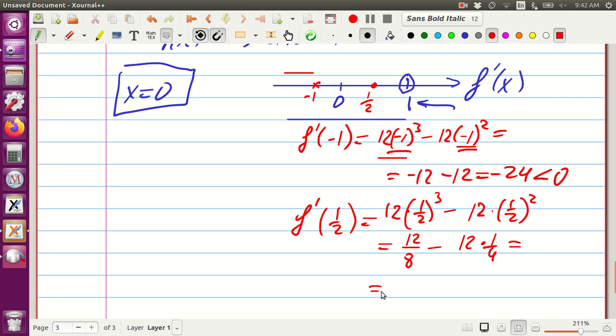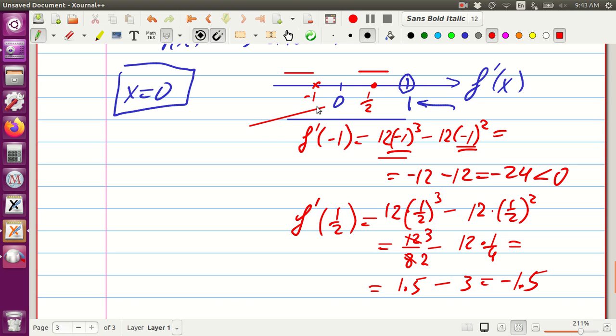This one we can simplify, so it's 3 over 2, or 1.5, minus 12 over 4 is 3, so we're going to get negative 1.5. And you can use a small calculator to do these calculations. You don't have to do them in your head. And we got minus and minus.